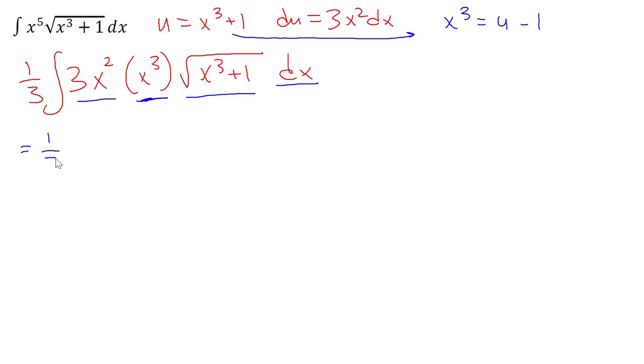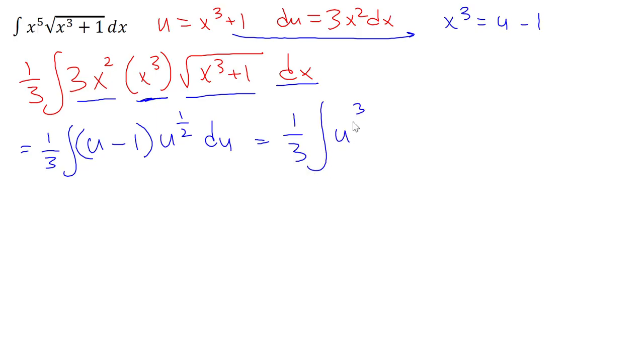So we end up with 1/3 the integral of u minus 1 times u to the 1/2 du. And now we can just distribute that together. We have 1/3 of the integral of u to the 3/2 minus u to the 1/2 du.